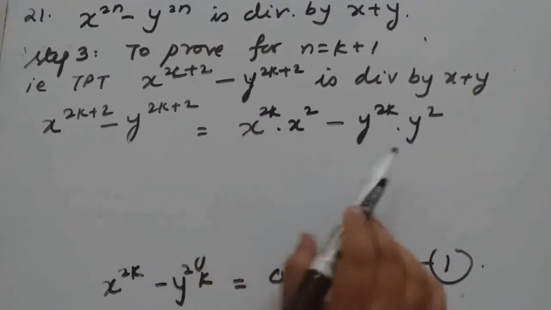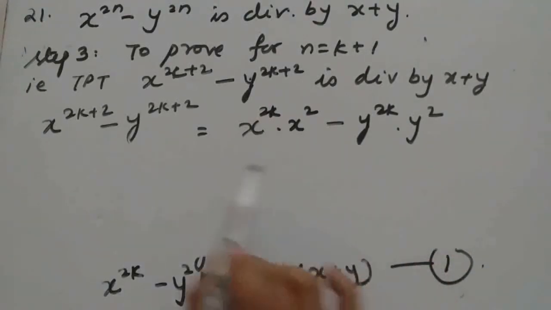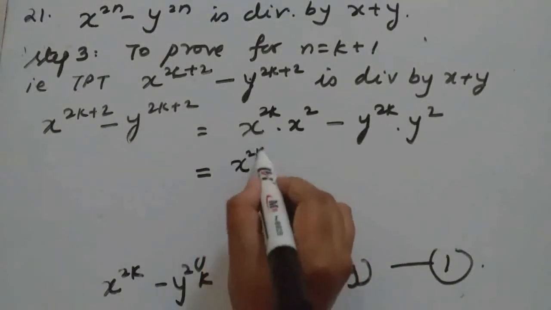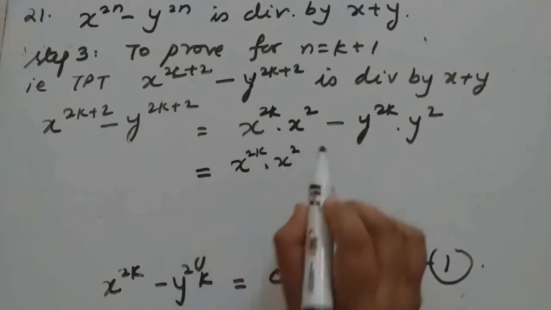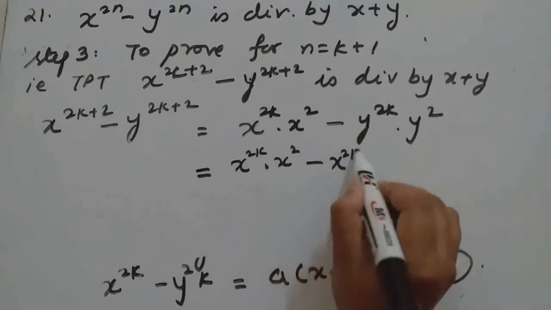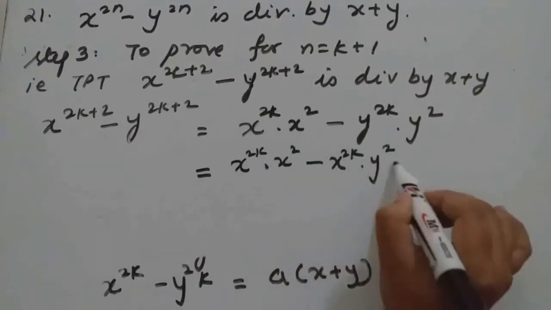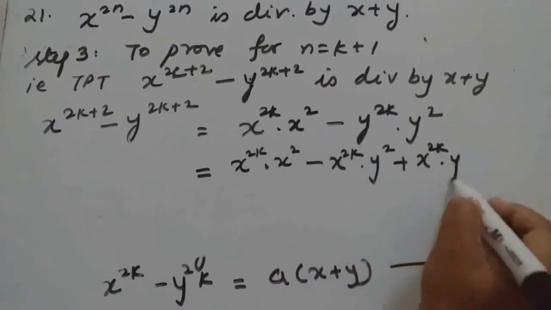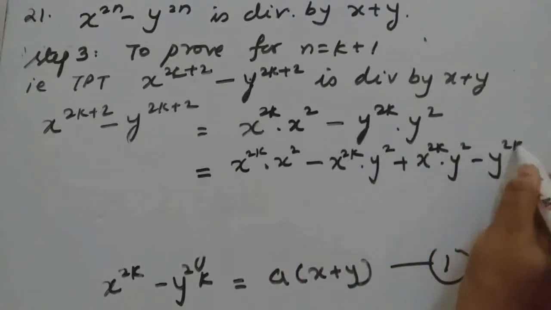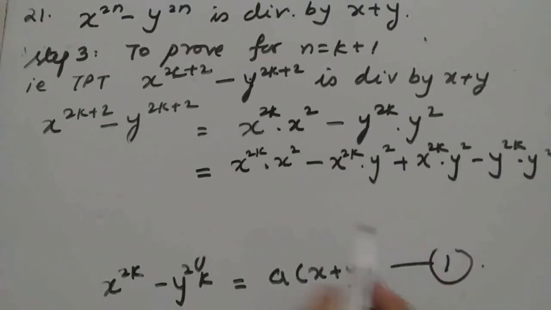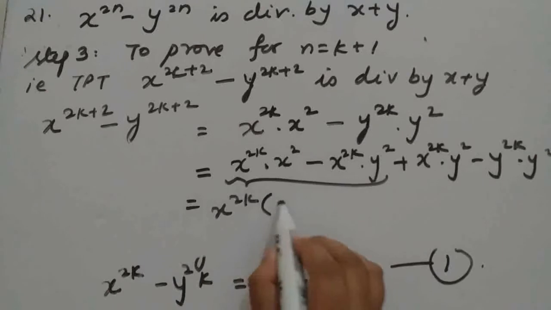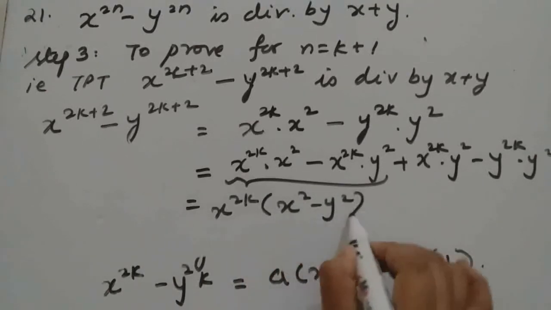Now we can take nothing common. So what we can do here is subtract and add one number, minus x power 2k into y square. We will add and subtract. Now from these two terms, x power 2k is common, and x square minus y square will remain.